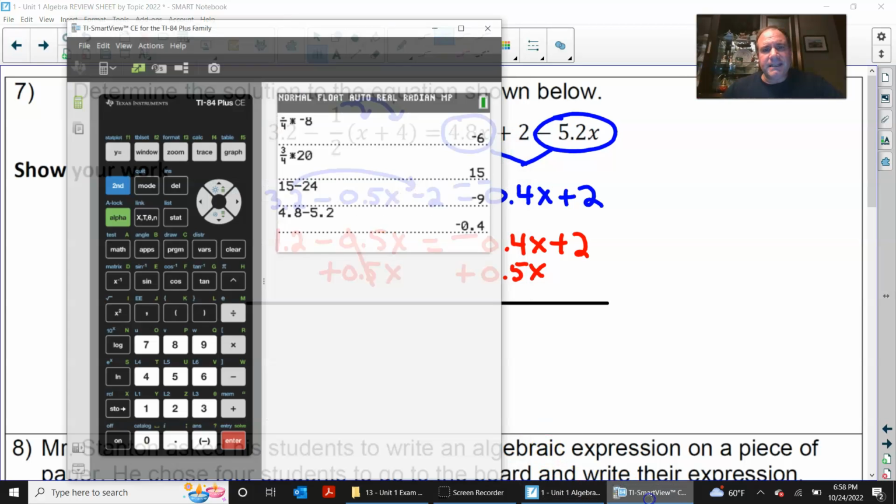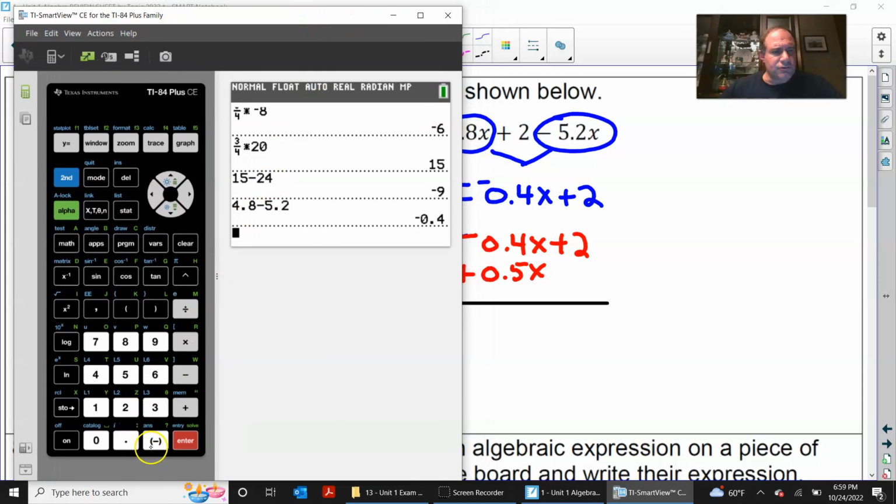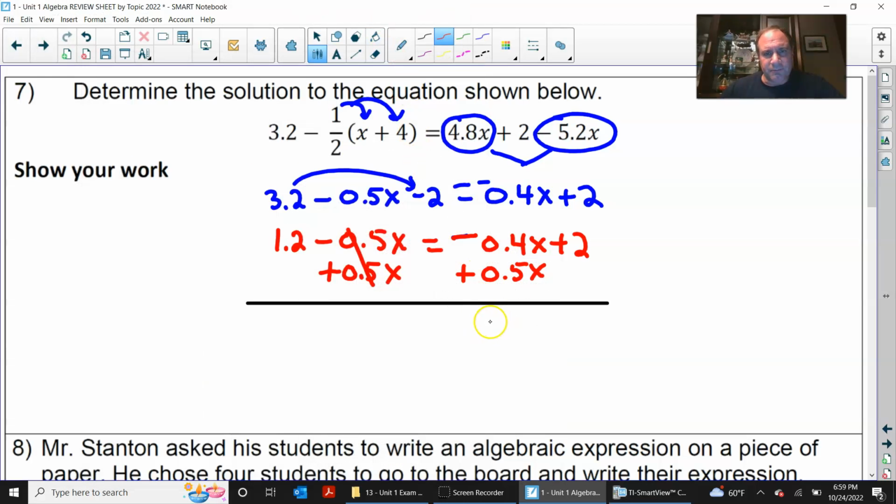So I'm just going to be careful here, and I'm going to make sure negative 0.4 plus 0.5 is exactly 0.1. And I knew it was 0.1, just wanted to make sure that it was. All right, so I have positive 0.1x plus 2 equals 1.2.